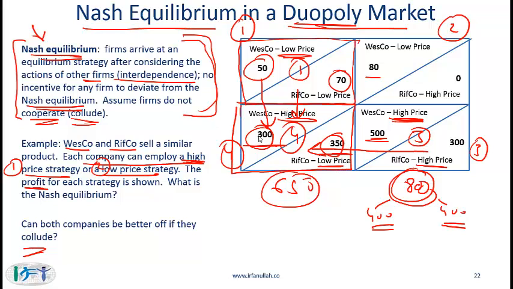Nash equilibrium would have been 300 and 350, so both companies do better in this particular scenario. So there is a benefit to colluding. Colluding, however, might violate antitrust laws, so it might not be legal, but nevertheless profits can be increased here by collusion.